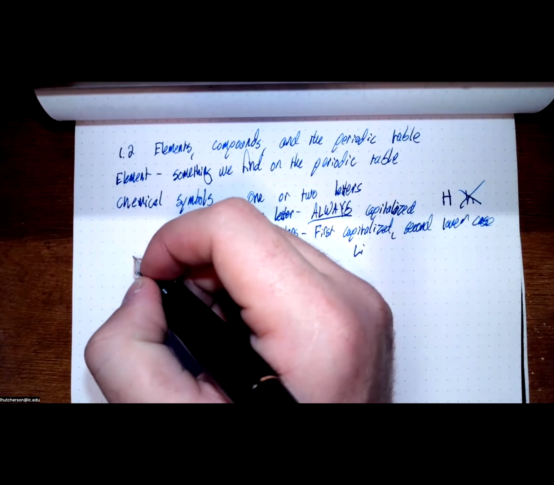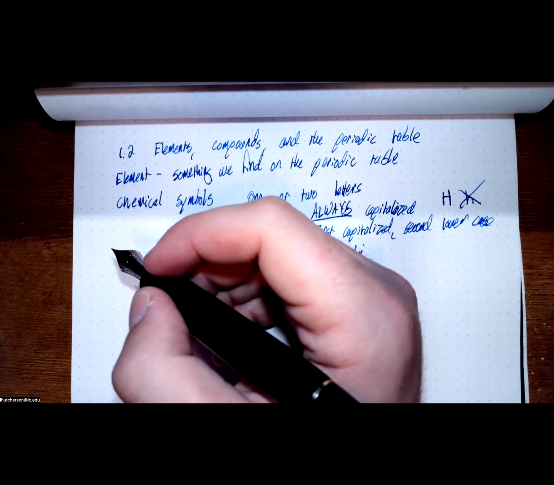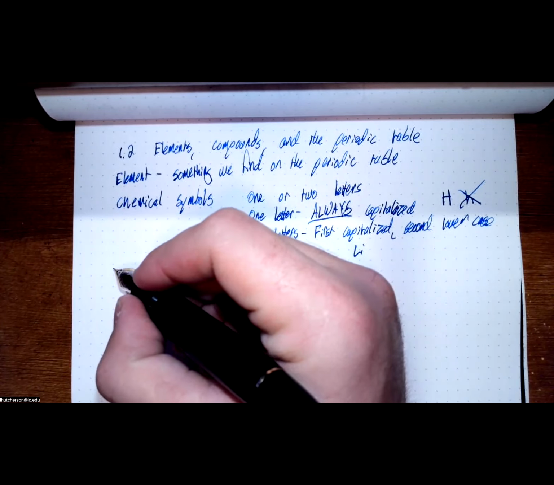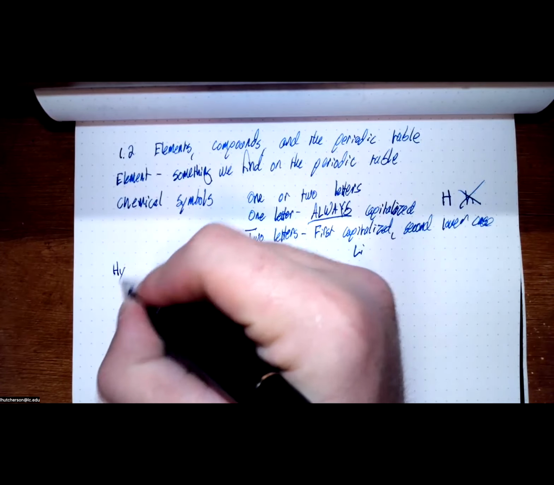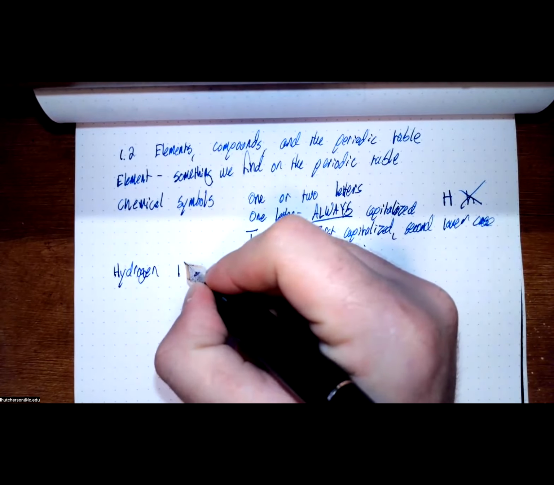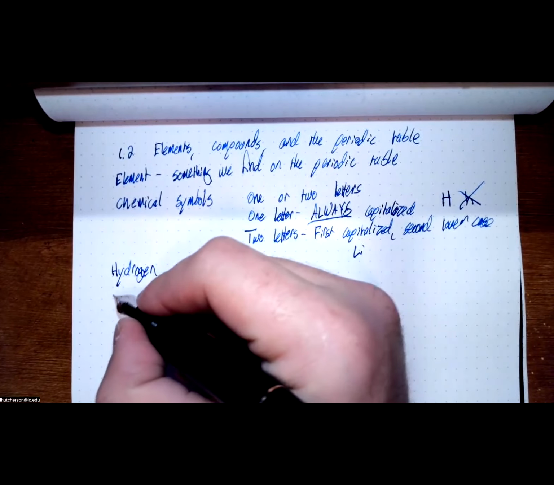So some of our big ones. And of course, going back to the symbols, a lot of times they are perfectly logical. Just for example, hydrogen, this is one I want you to learn, has the symbol of H. Makes perfect sense, right?